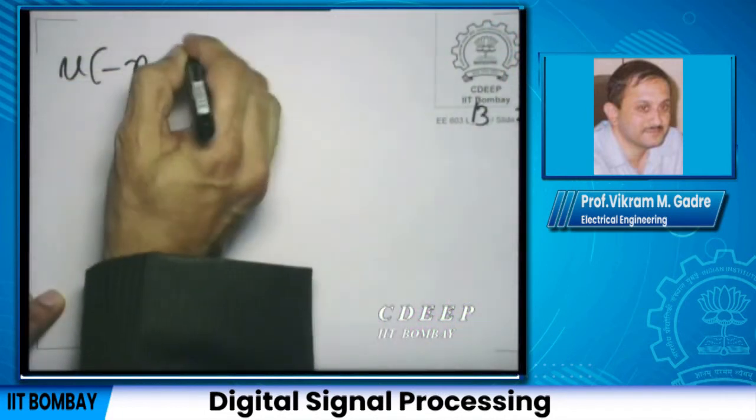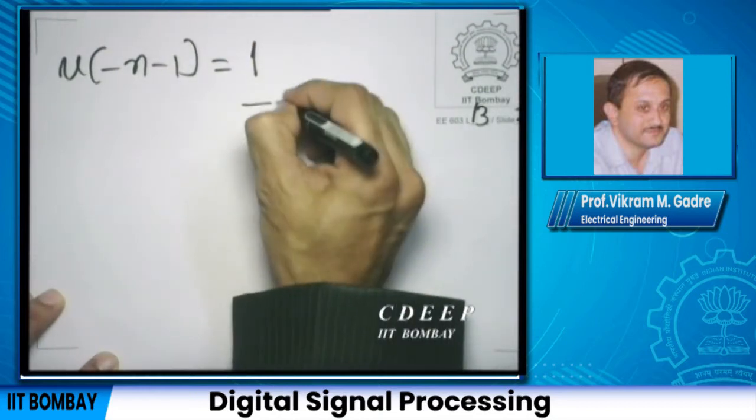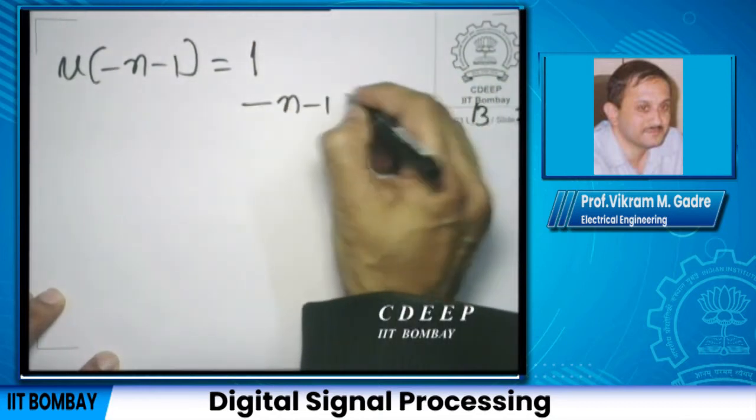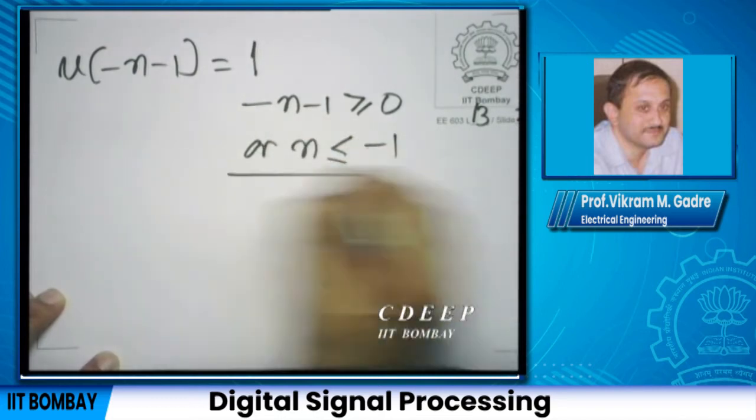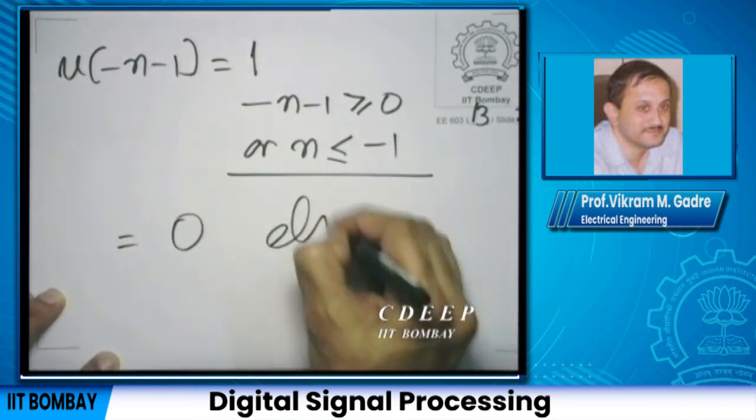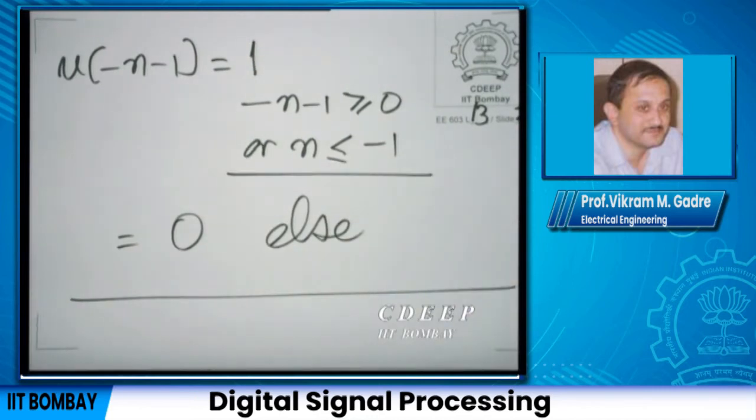And of course, just as a matter in point, if you look at u[minus n minus 1], u[minus n minus 1] is expected to be 1 whenever minus n minus 1 is greater than or equal to 0, or n less than or equal to minus 1, isn't it? And 0 else, as we expect. Is that correct?